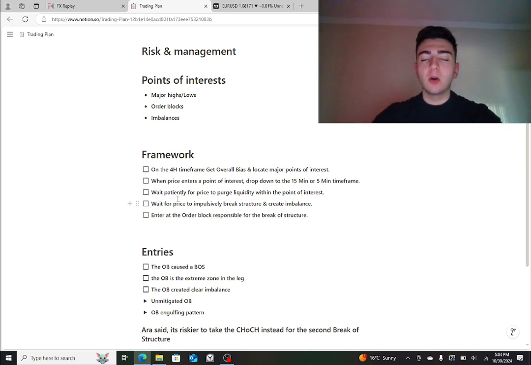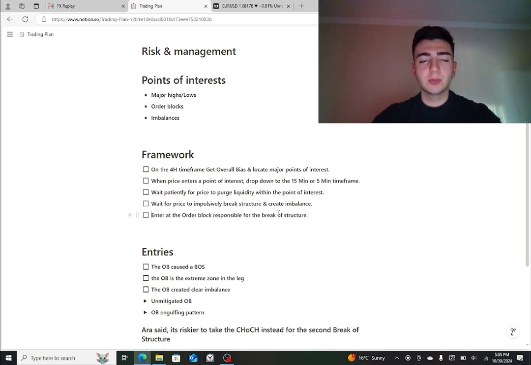So always wait for a liquidity sweep, so you're not part of the liquidity sweep, but these are only at the points of interest. These are not at the middle of the flow, only at the tops, like the points of interest, order blocks, and the imbalances.